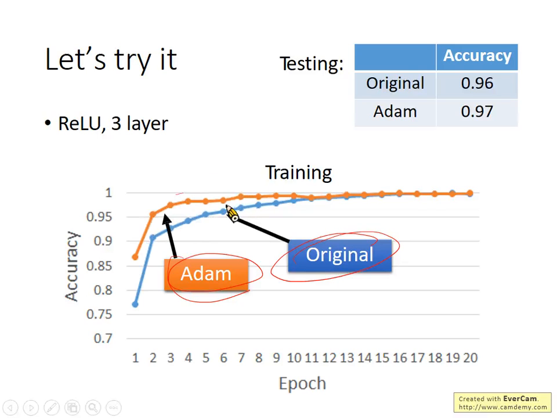This is important when the number of training data is quite large. When we have many training data, we may not be able to run many epochs. In this situation, using the ADAM optimizer will be better than the conventional gradient descent algorithm.